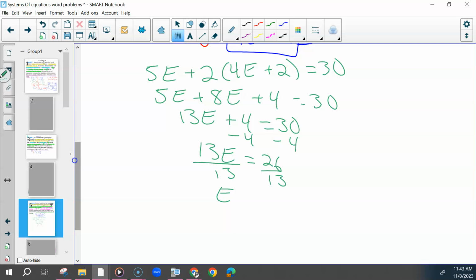$2. And that would be our label, the dollar. Okay.